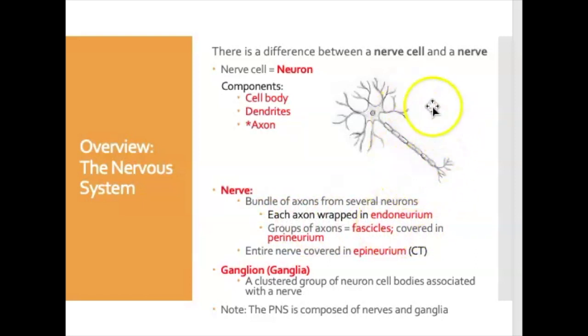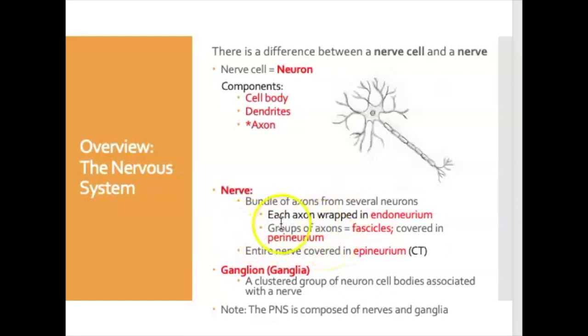Groups of axons within that bundle would be combined with each other into what we call fascicles, similar to the fascicles that we saw in muscles. And each fascicle is also surrounded by a connective tissue layer called the perineurium.